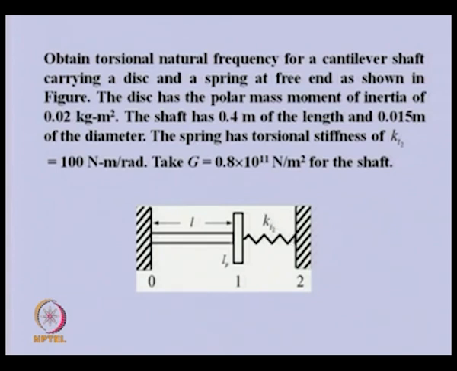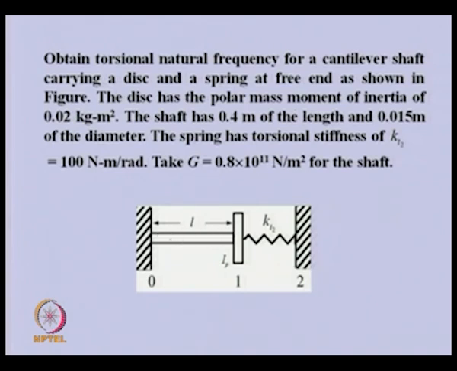Various dimensions of the shaft and the diameter of the shaft are given here, and even the modulus of rigidity of the shaft is given. We are neglecting the mass of the shaft.